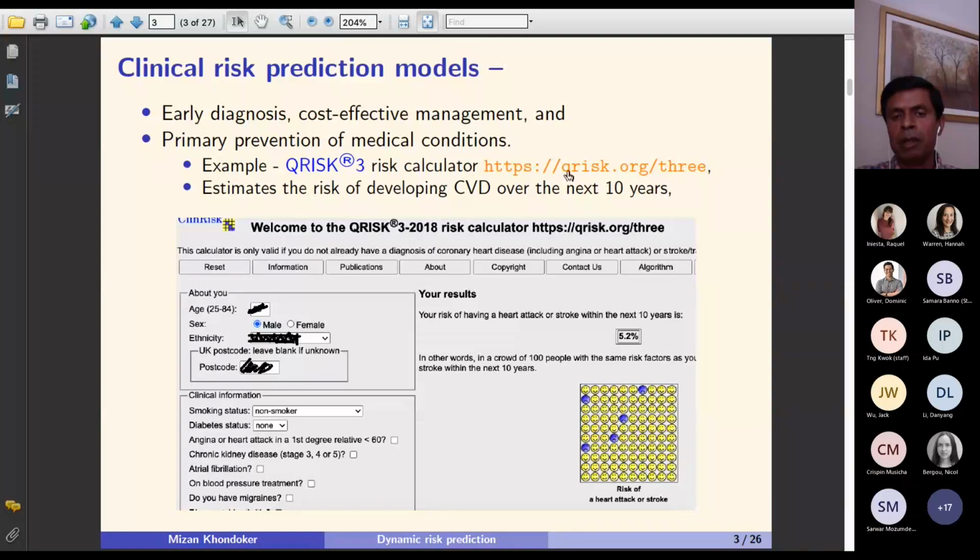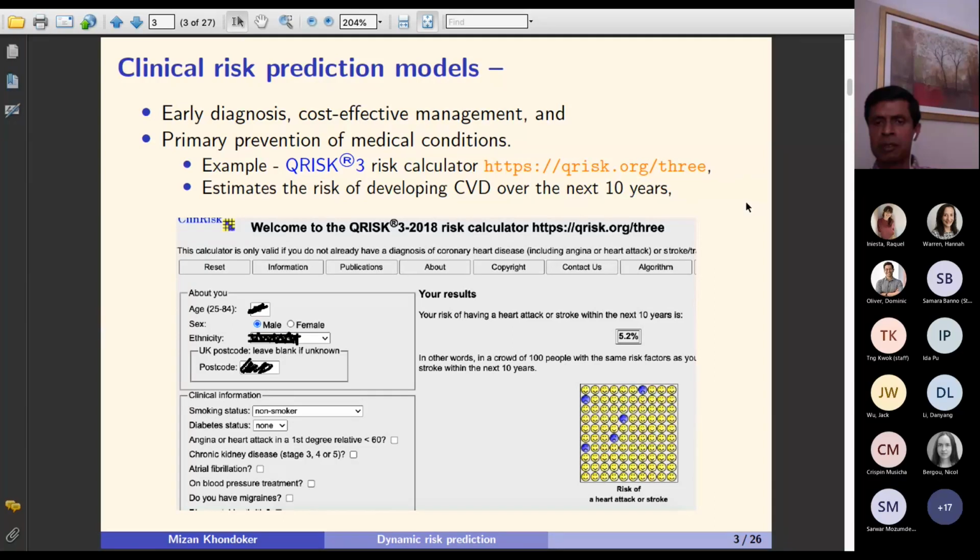This is in the context of the UK population, for estimating cardiovascular risk based on people's age, gender, ethnicity, blood pressure, cholesterol level, and so on. It estimates the risk of developing CVD over the next 10 years.